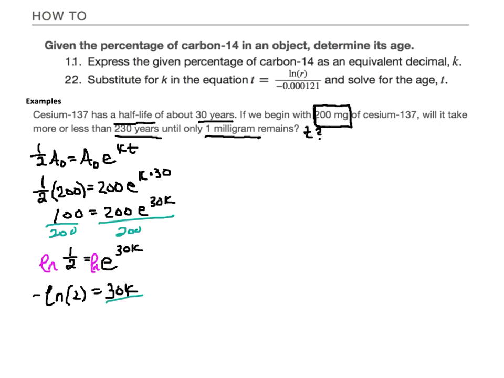Divide both sides by 30, and I get that for this particular problem, k is equal to the negative ln of 2 divided by 30.